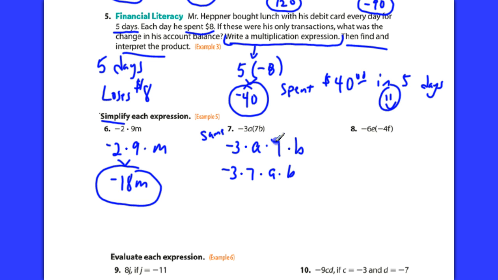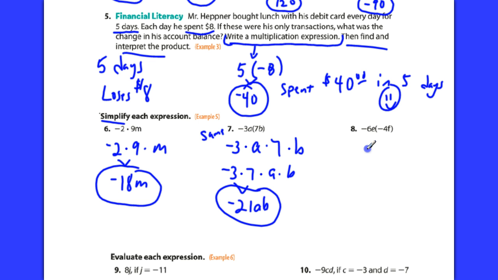Remember the commutative property, how I can change the location, from chapter 1? Now look what we have here. We can multiply the numbers. Negative 3 times 7 is negative 21 because it's a negative times a positive, times a times b. And the way we write this in algebra, and this is how I'd like you to start, is just negative 21ab. It means multiply when there's no sign for an operation in between.